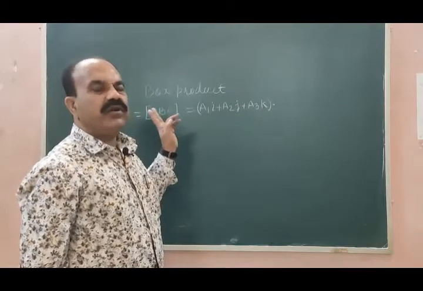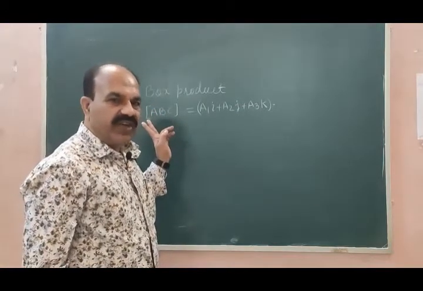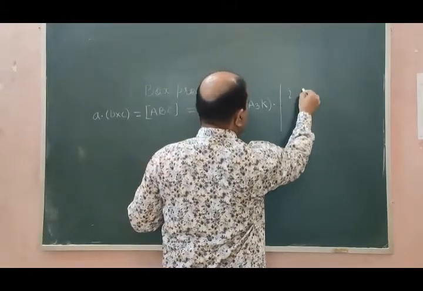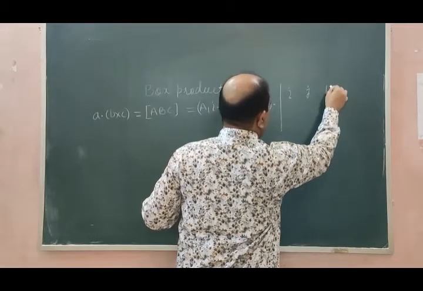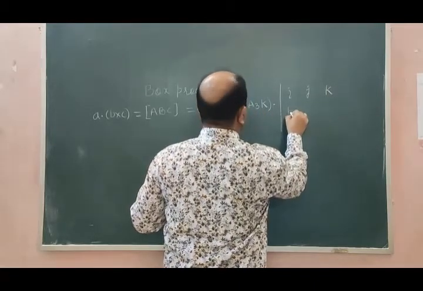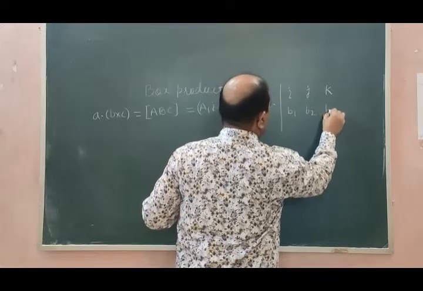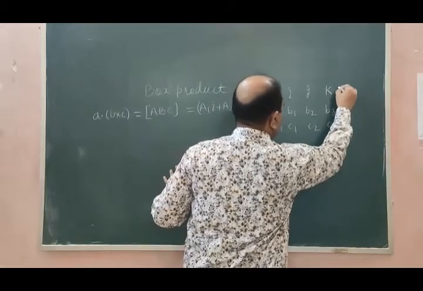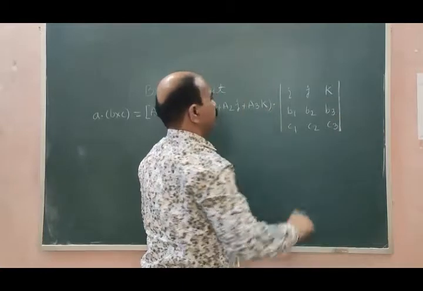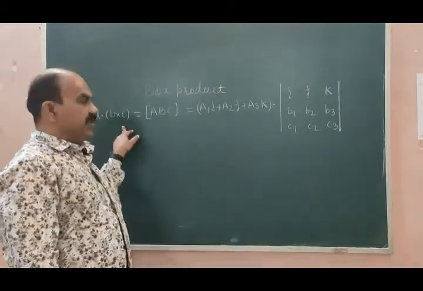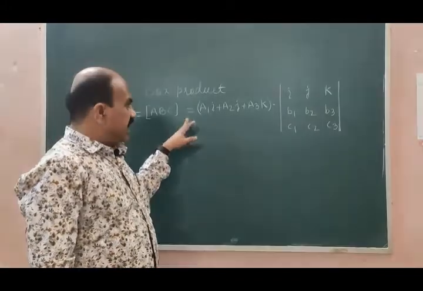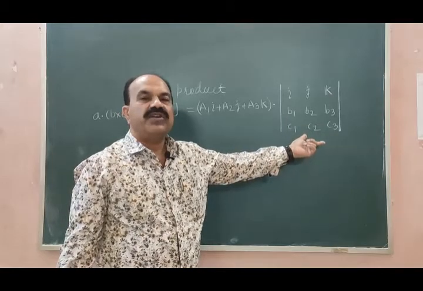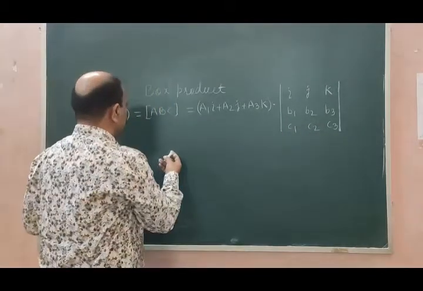Just write determinant for the vector product of vectors B and C. A dot B cross C is box product ABC, that is nothing but vector A dot cross product of vectors B and C.